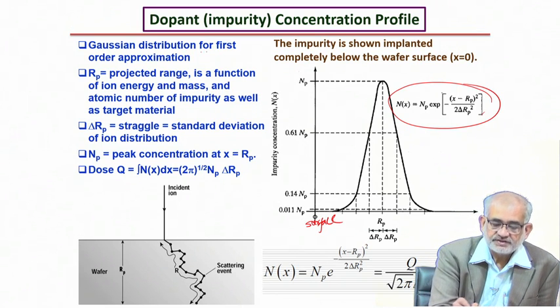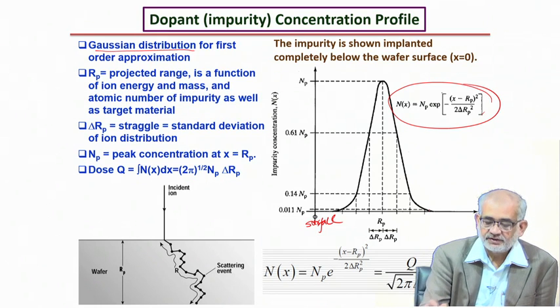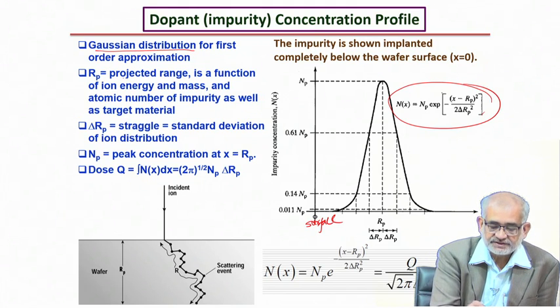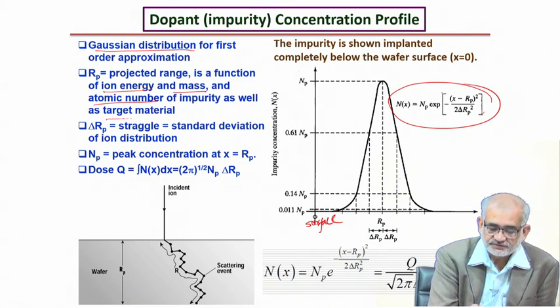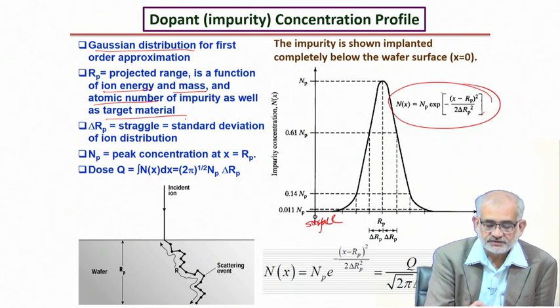So the first thing we should note is that we assume the distribution of species is Gaussian in nature, with the peak depth below the surface. The projected range will be a function of ion energy, the mass of the ion, the atomic number of the species being implanted, and also of the target material, because after all, there will be a momentum transfer process involved.